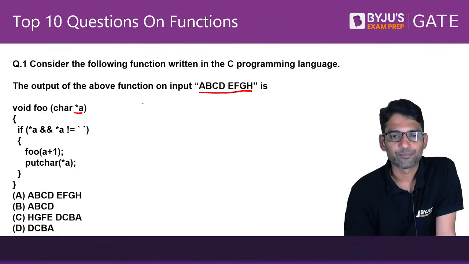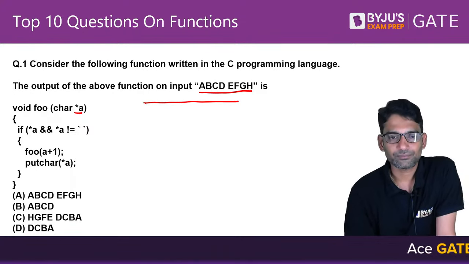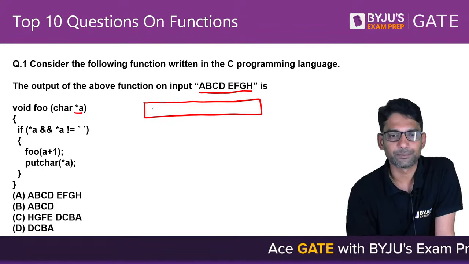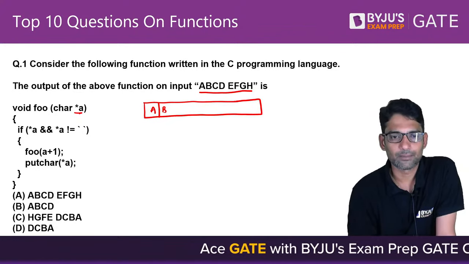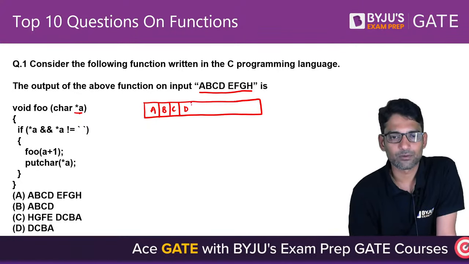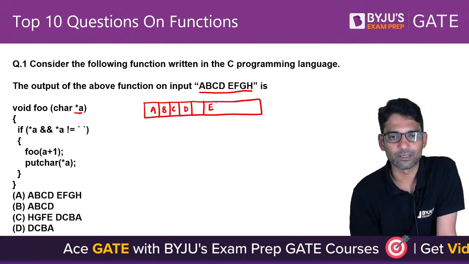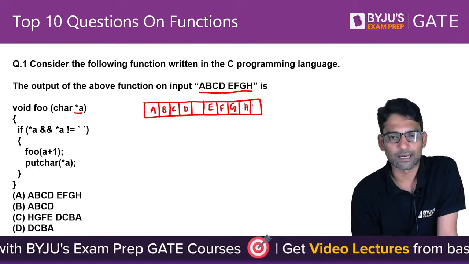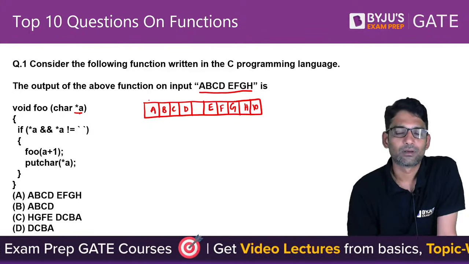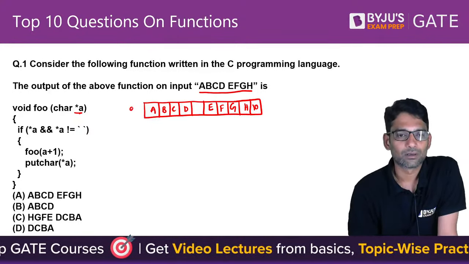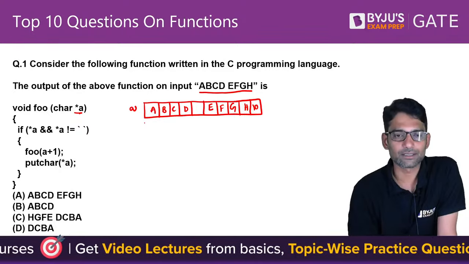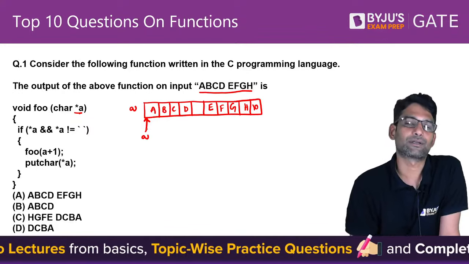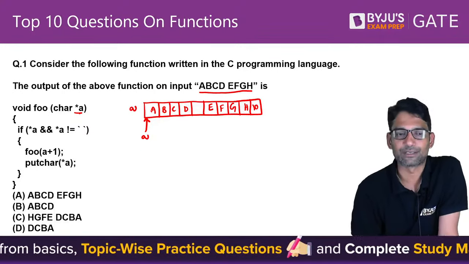That means this is the given string A, B, C, D with a space in between, E, F, G, H with the null character, right? So A is pointing to the base address, that means the first character.